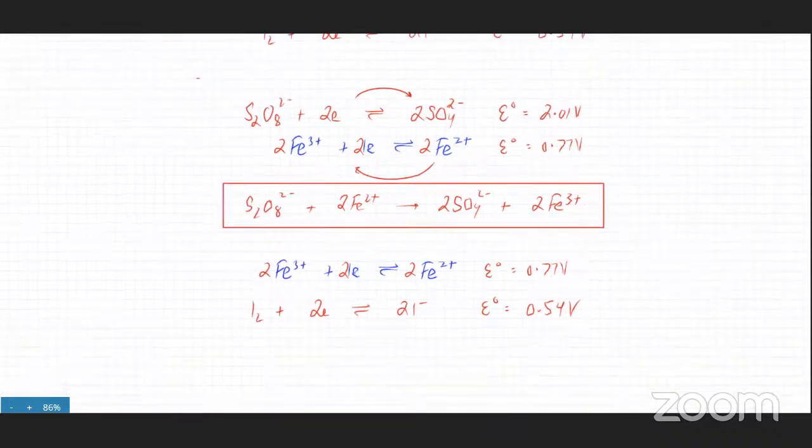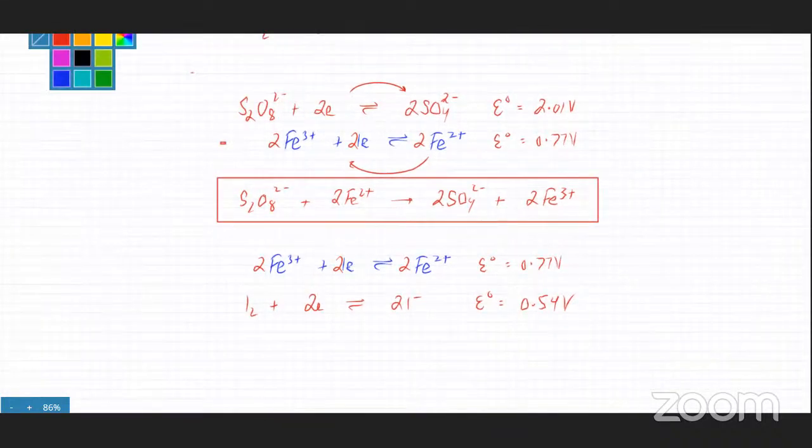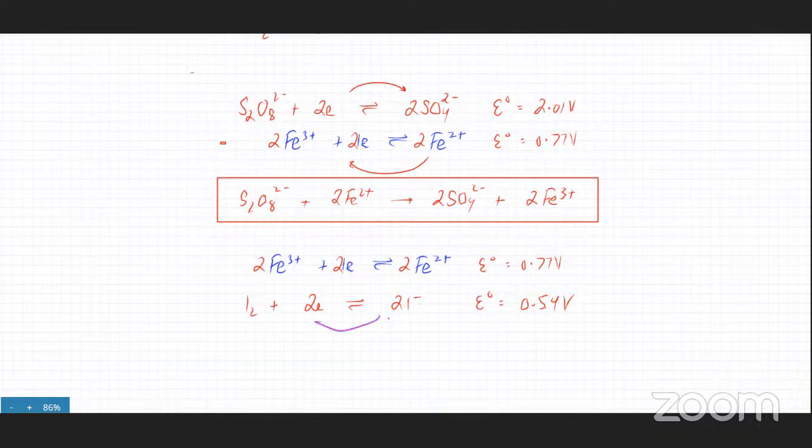But then the same Fe3 plus goes and reacts with iodine, where iodide is the lower potential, so it loses electrons, and Fe3 plus is the higher potential, so it gains electrons. So what you get is 2I minus 1 reacting with 2Fe3 plus, and the products are 2Fe2 plus plus I2.